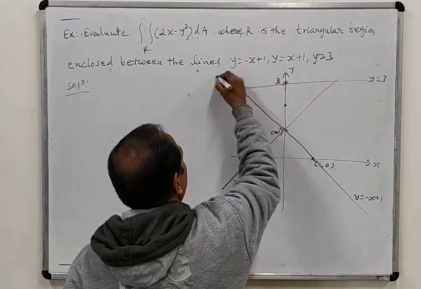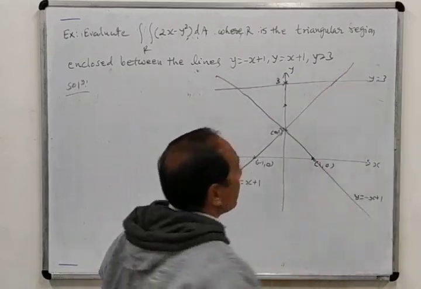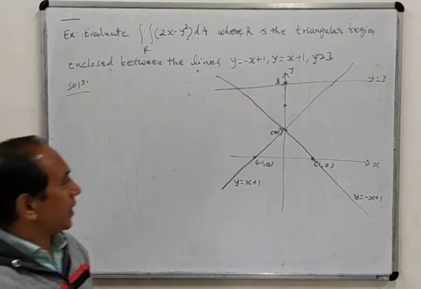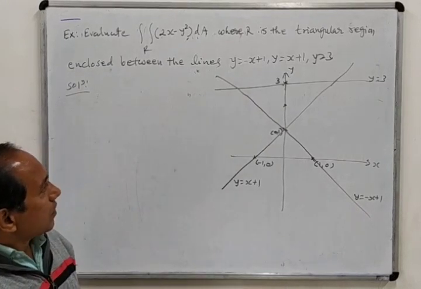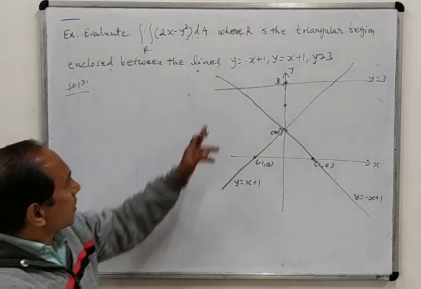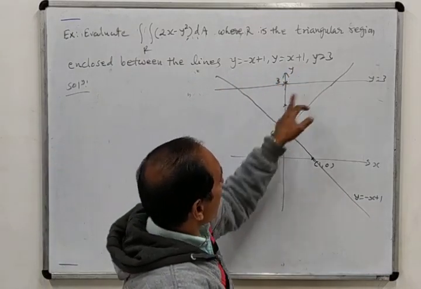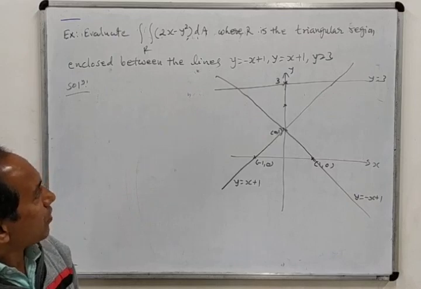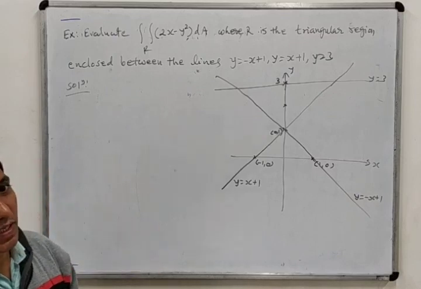So I will extend this line. No exact measurement is required here. Simply, if you know the type of the curve, draw the graph approximately. So here all the 3 straight lines we have drawn in the graph. Now we want to determine the region R. Which is the region R?